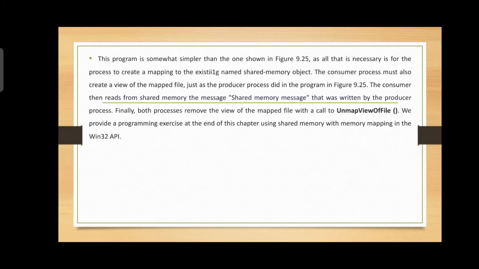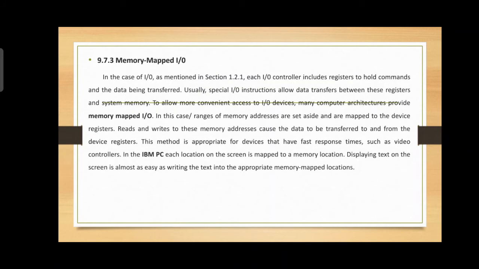Then, memory-mapped I/O. In the case of input-output, as mentioned in Section 1.2.1, each I/O controller includes registers to hold commands and the data being transferred. Usually, special I/O instructions allow data transfers between these registers and system memory.